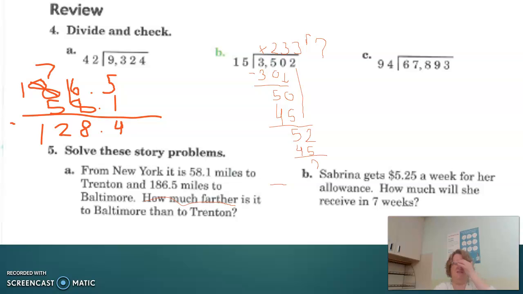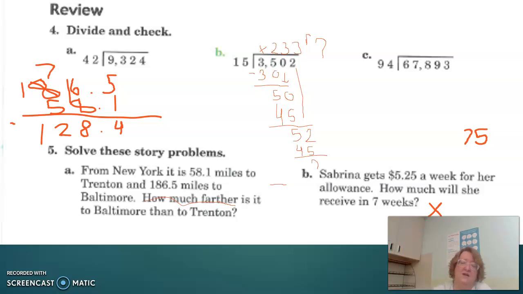Right? So Brenda gets $5.25 a week for her allowance. How much will she receive in 7 weeks? Jenna, tell me what process we would use. Hopefully, we are answering that we would multiply because we have 1 week worth of work and we need to know how much we'd make in 7. So class, what is 5 times 7? That would be 35. 2 times 7 is 14 plus 3 would be 17.